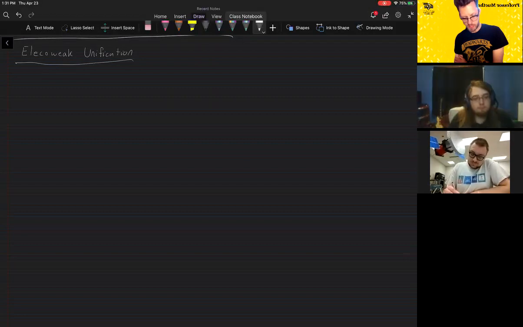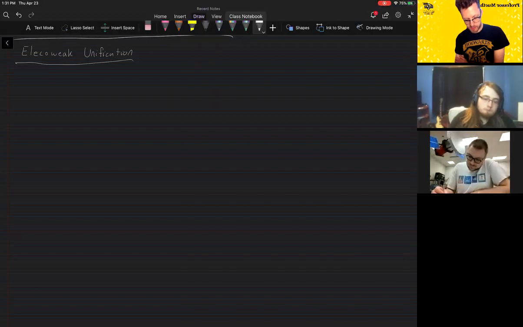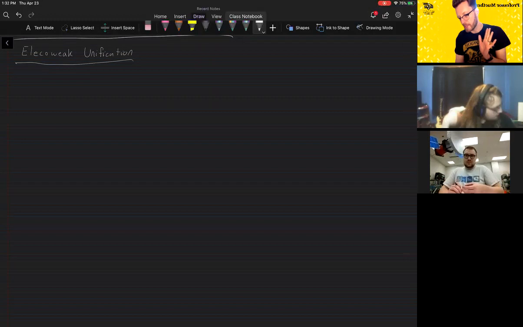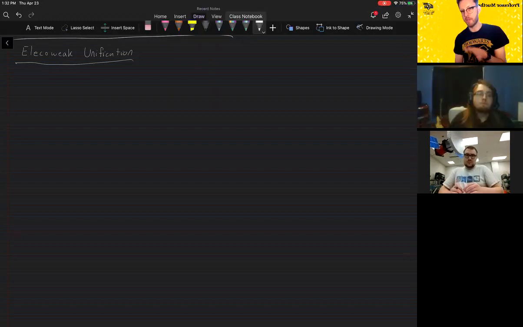But when you take this unified theory and say something had to be causing the difference between the mass of the photon and the Z, if you have a mechanism to generate that, then this electroweak theory falls into place. So this leads naturally to the Higgs mechanism that explains where those masses come from. So we're going to write down electroweak unification, and the questions that are open at the end of this unified theory are what led people to develop the Higgs mechanism. And we'll talk more about the Higgs mechanism next week.